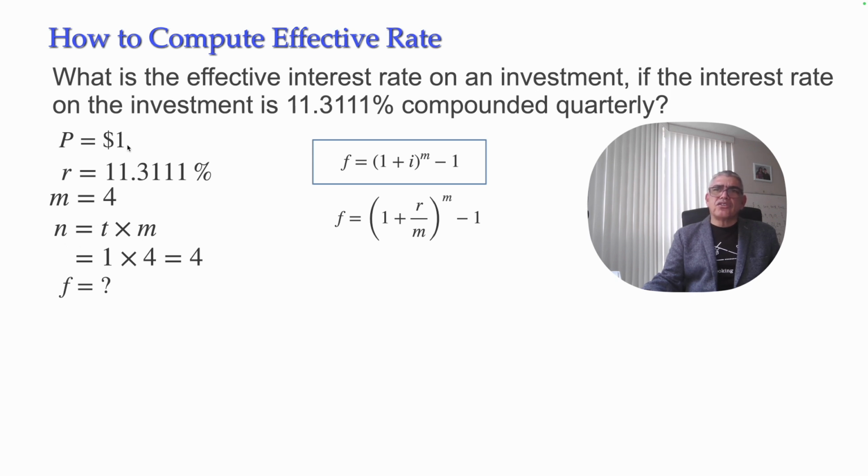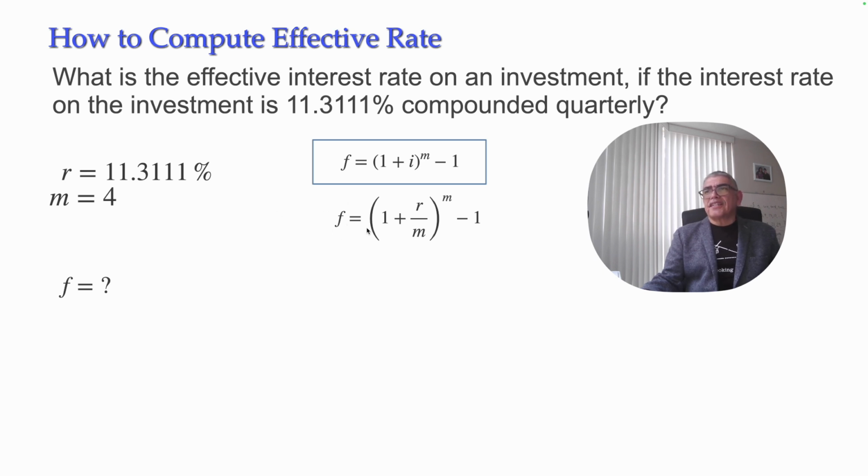So this information is not necessary for any problem of effective rate of interest. If you have the nominal rate of interest and how many times it compounds per year, you can compute the effective rate of interest.